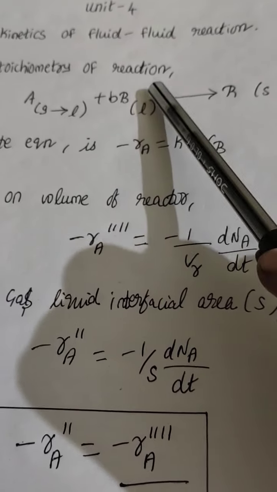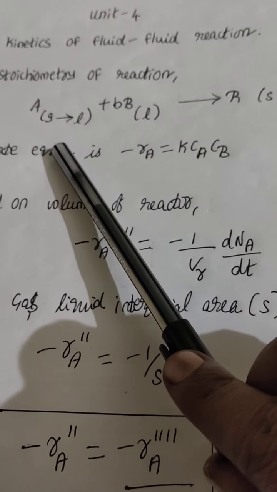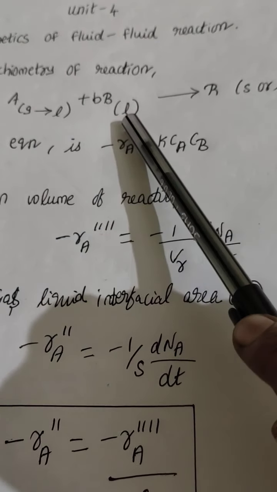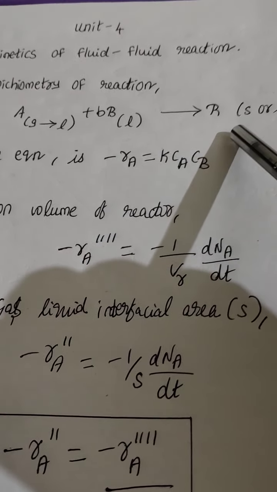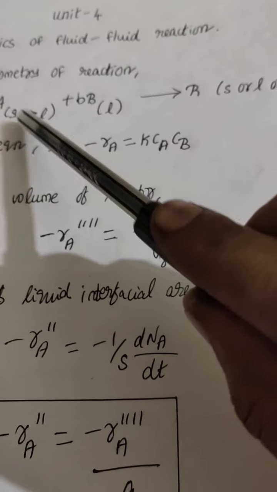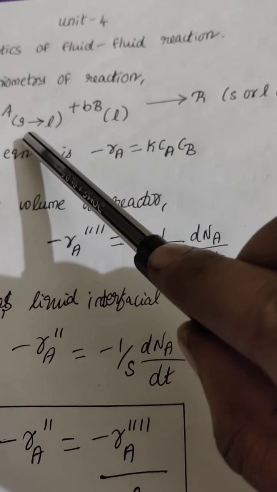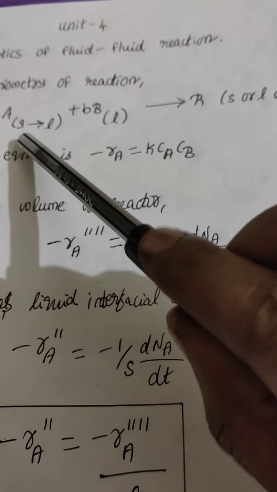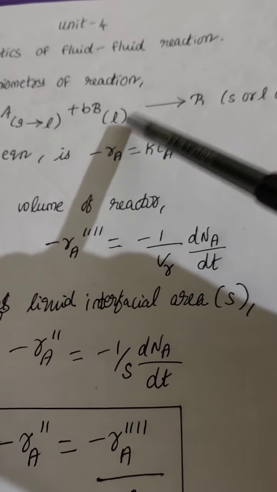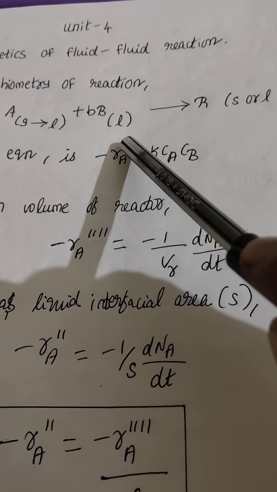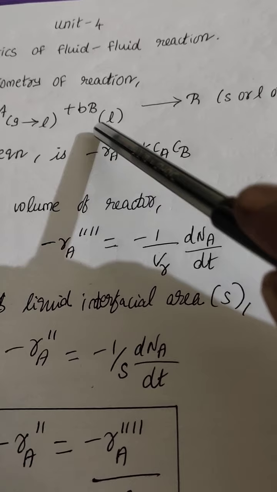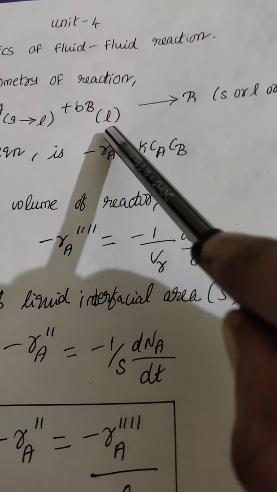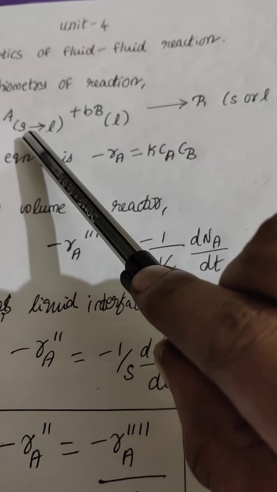Stoichiometry of the reaction. Here the gaseous reactant A reacts with the liquid reactant B and gives the product R. So the gaseous reactant A will move towards the liquid reactant B, and this gaseous reactant A will be soluble in the liquid reactant B. There exists an equilibrium where Henry's law comes into account, and the liquid reactant will never enter into the gas phase.